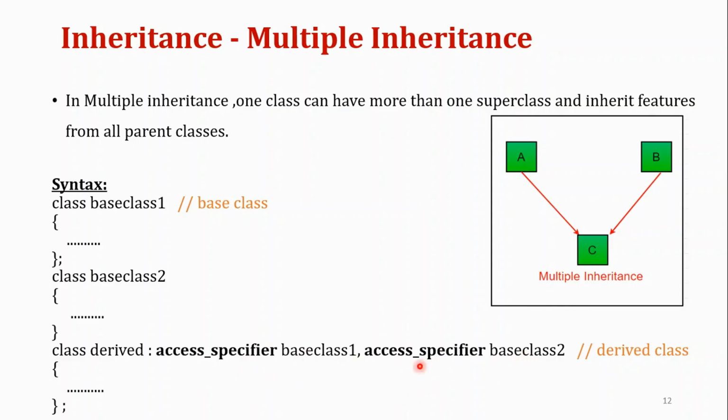For this example, class C would be colon public A, comma, public B, assuming that you are inheriting in public mode. So both classes are inherited to class C. That is multiple inheritance, multiple base classes or multiple parent classes.